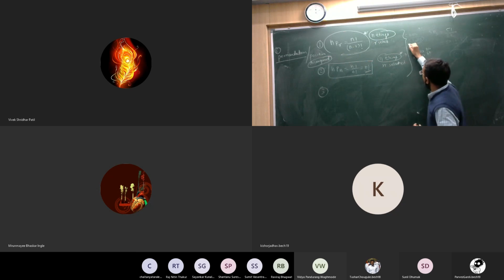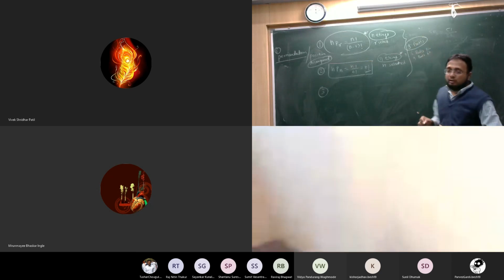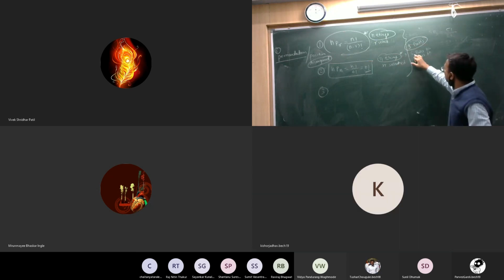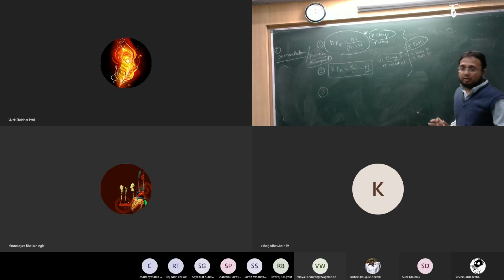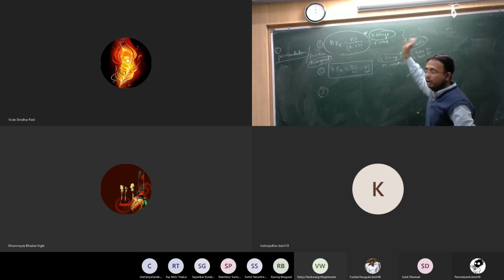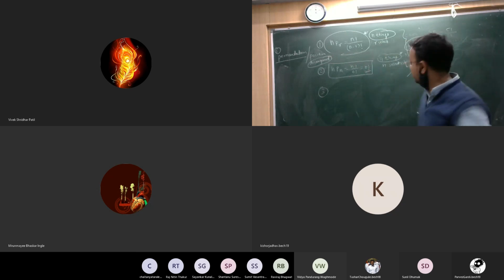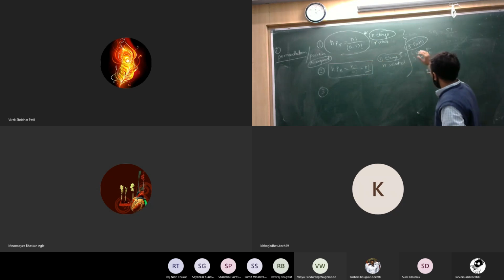So suppose there are 9 balls, and certain situations arise where some balls are the same color and some balls are a different color. The earlier formula can be applied if all 9 balls have different colors. If the balls are not all different, then we have to apply a different formula.